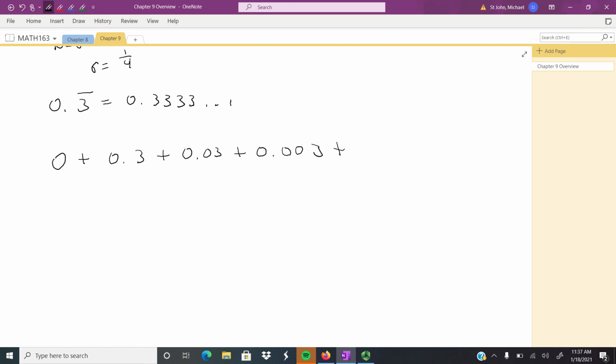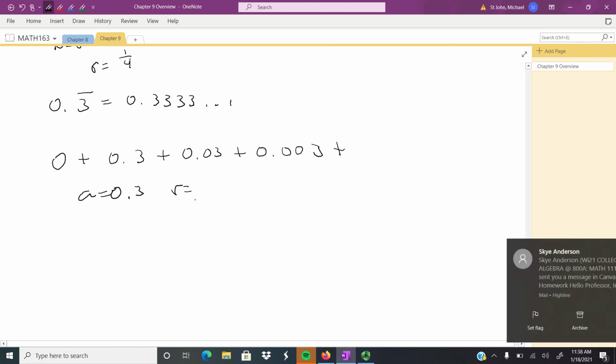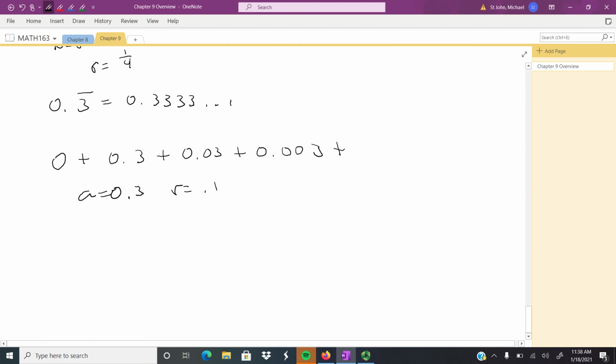And so a would be equal to 0.3. r is equal to 0.1. And so we get 0 plus 0.3 over 1 minus 0.1. And so this is going to be 0.3 over 0.9, which would be, of course, 1/3.